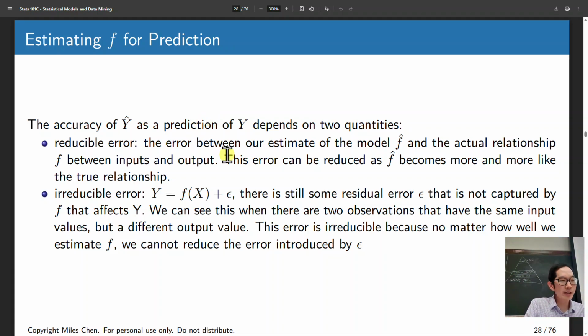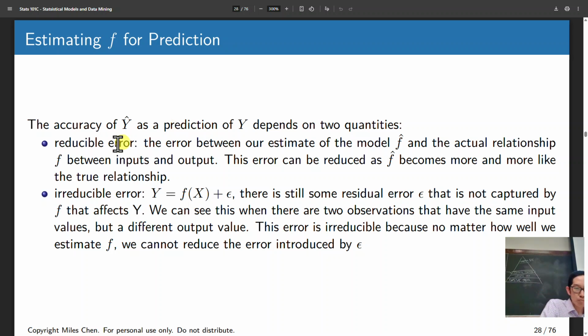But you know what? At the end of the day, our performance, we're going to try to separate it out. We measure our performance by the amount of error that we have, okay? And we say there's reducible error and irreducible error.